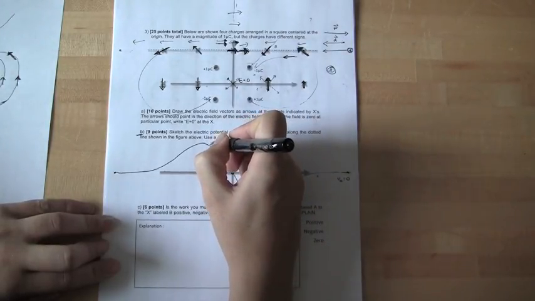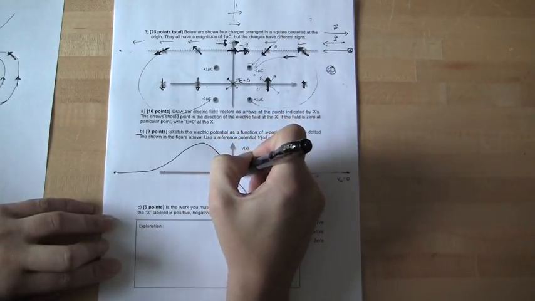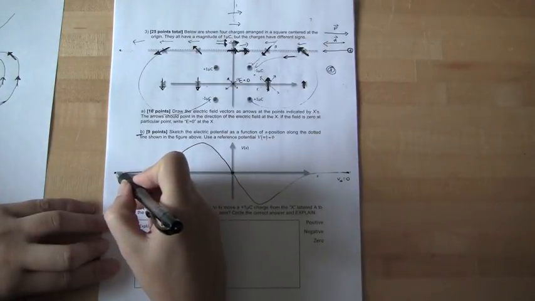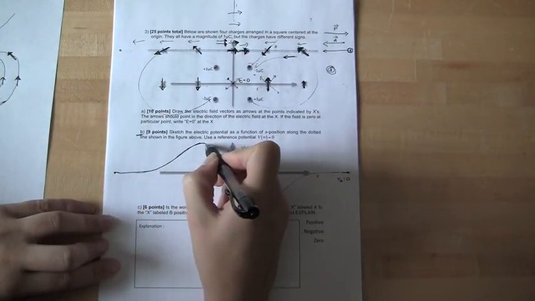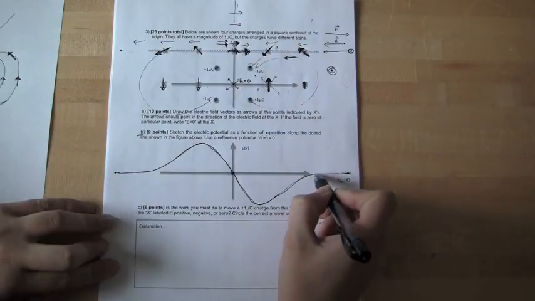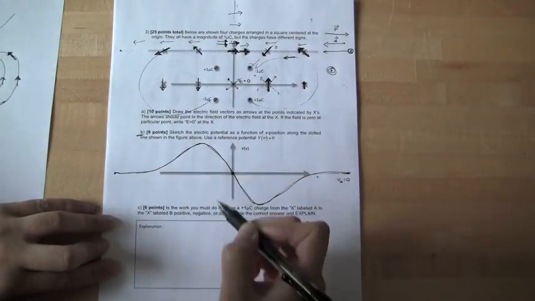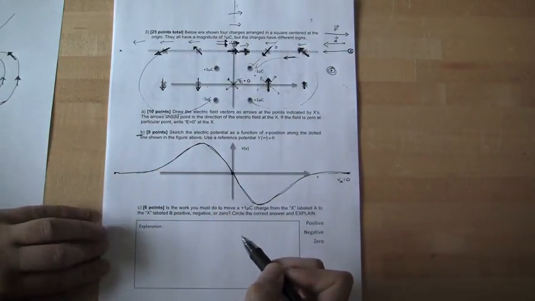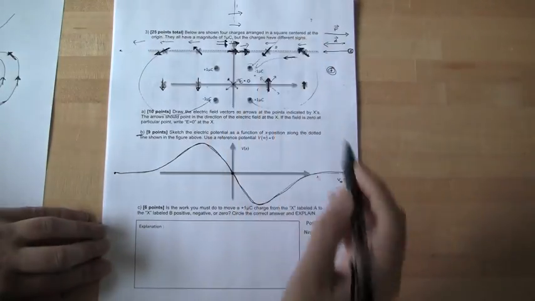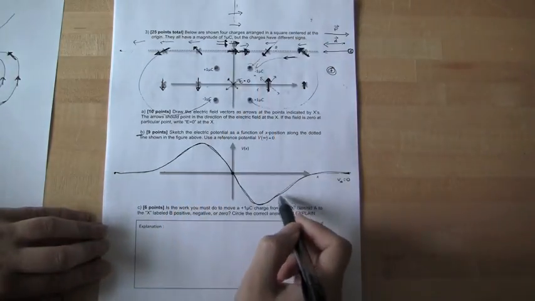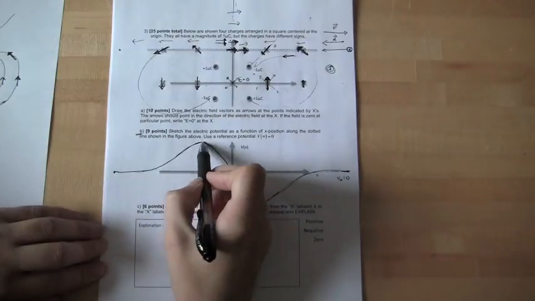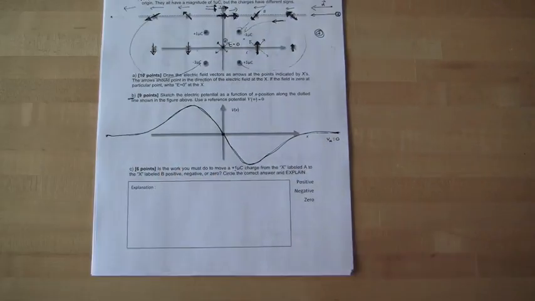And so the work starts to decrease again, or the potential will decrease again. So overall, you'll get something like this. So 0 at infinity, 0 at negative infinity, 0 at x equals 0, positive on this side, negative on this side.